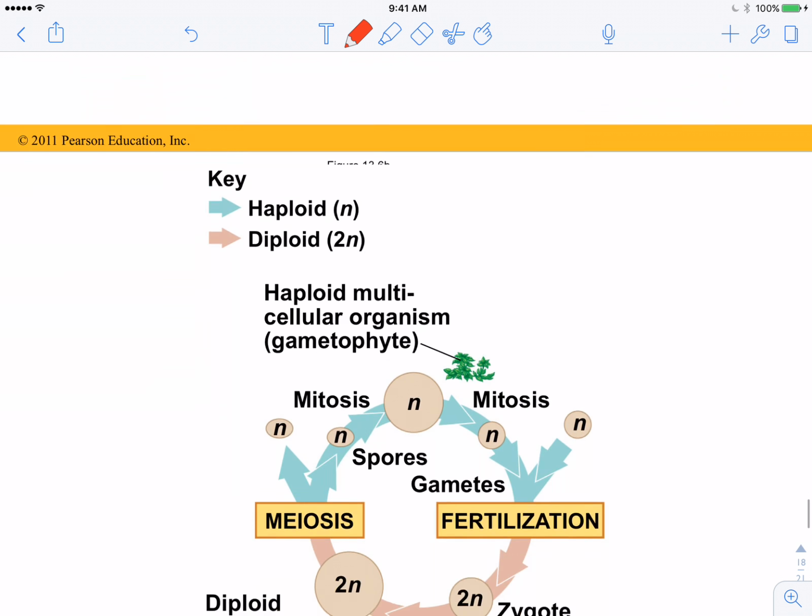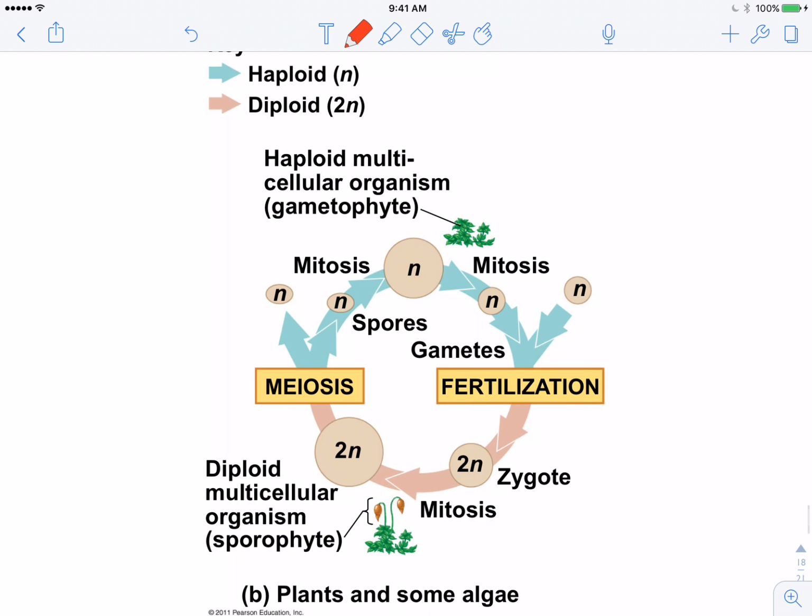So if we look here at the alternation of generations, let's start with the sporophyte. A diploid multicellular organism divides via meiosis to produce haploid spores. Those spores divide via mitosis to produce clones to make a multicellular organism called the gametophyte.